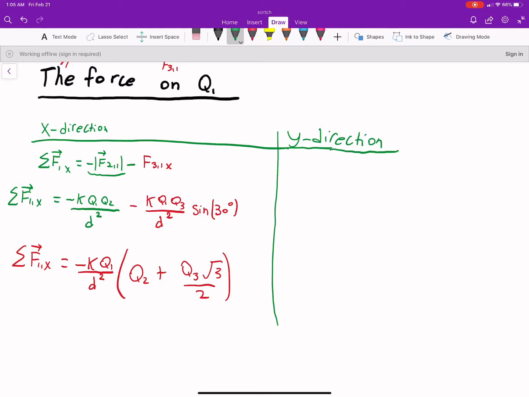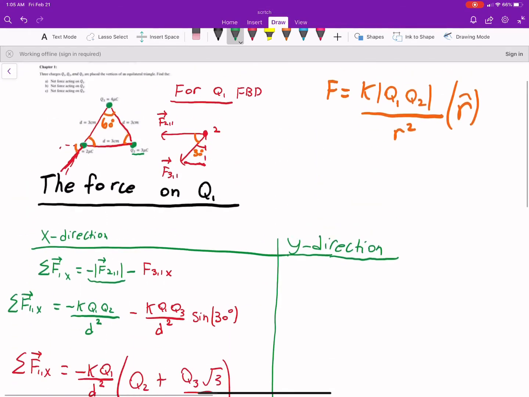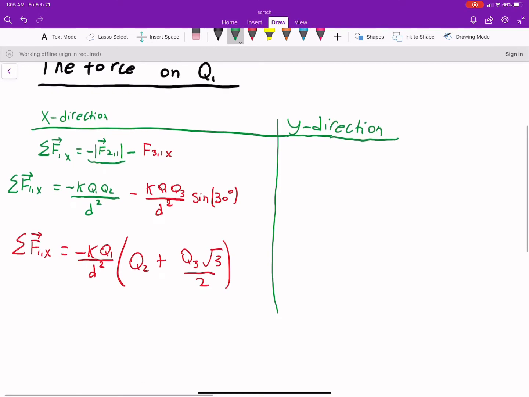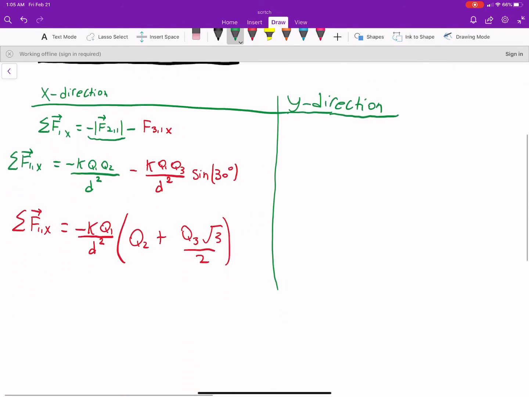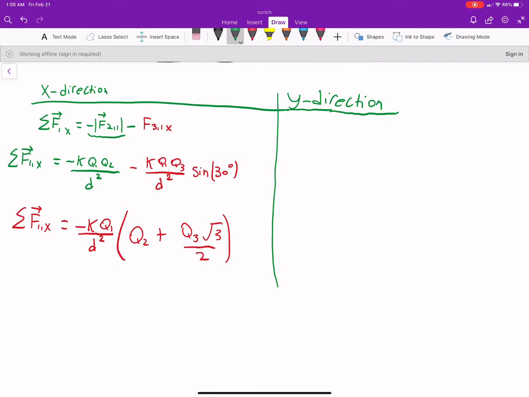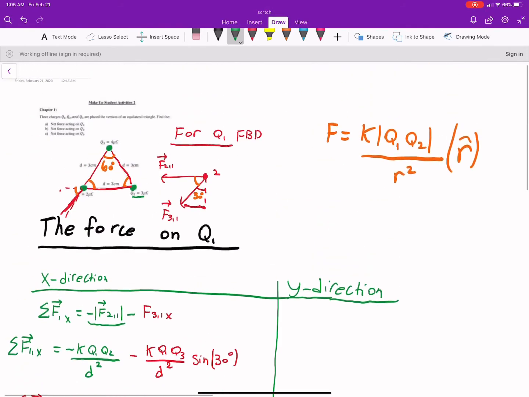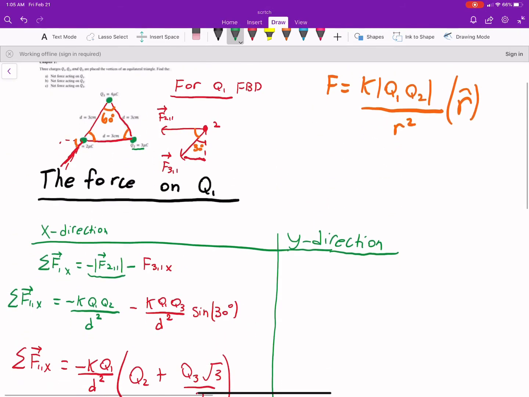So k, we have negative 9 times 10 to the 9th, that's our k constant, times charge 1, which was 2 microcoulombs, so that's 2 times 10 to the negative 6, all divided by the distance, so we need to convert 3 centimeters to 0.03 meters, we square that, times the charge for 2, which is 3 times 10 to the negative 6 microcoulombs.